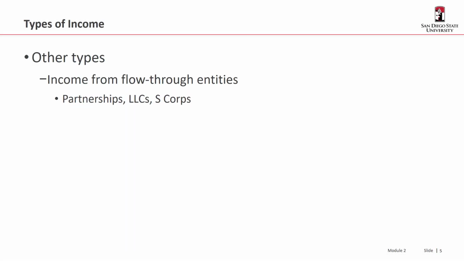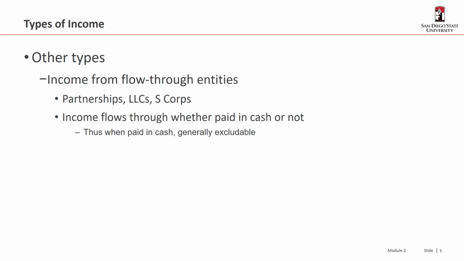So there are other types of income as well, and one of the significant ones is income from flow-through entities. For example, a flow-through entity is a partnership, an LLC, a limited liability company, or an S corporation. The reason those are flow-through entities is that the income flows through to the owners, and that's true whether it's paid in cash or not.